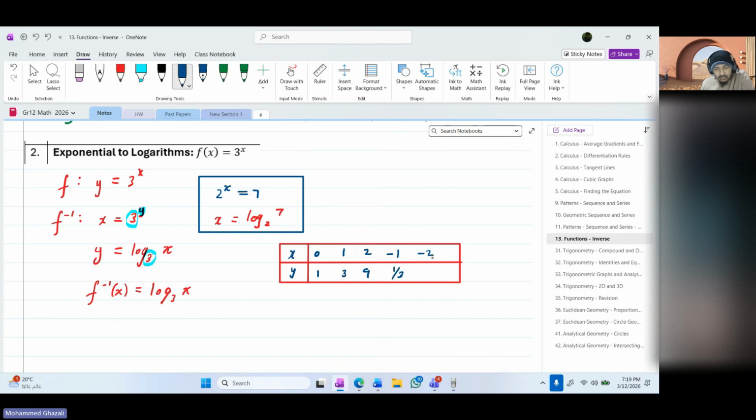What about taking negative 2? 3 to the power negative 2 will become 1/9. Okay, so these are all the values on the f graph. So what are the values on the inverse function? The values on the inverse is just switching the coordinates around, okay?